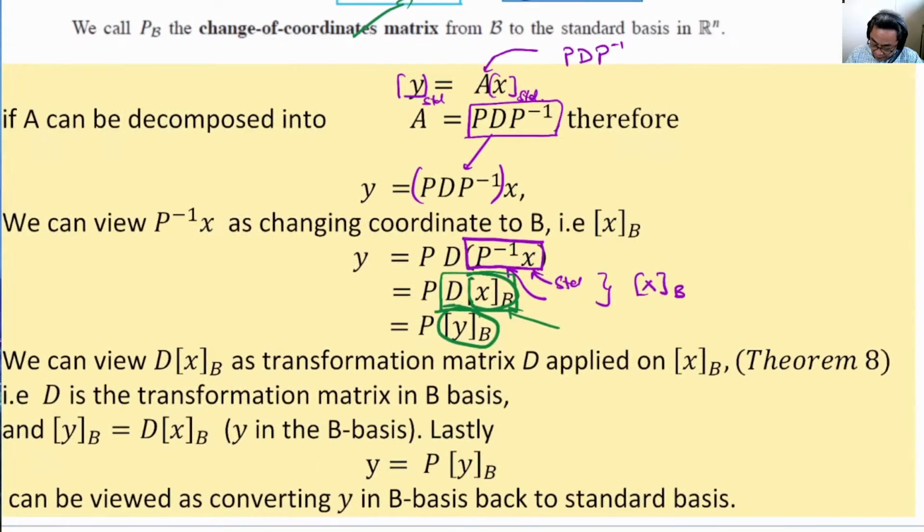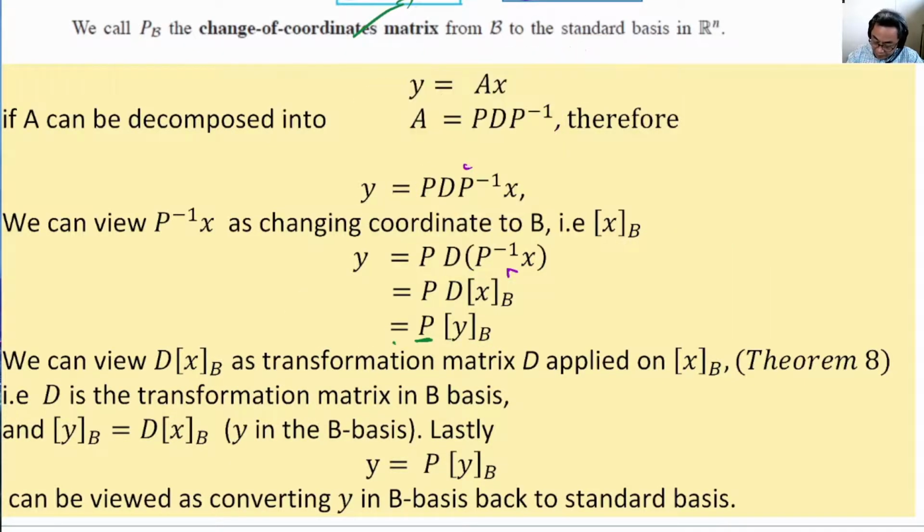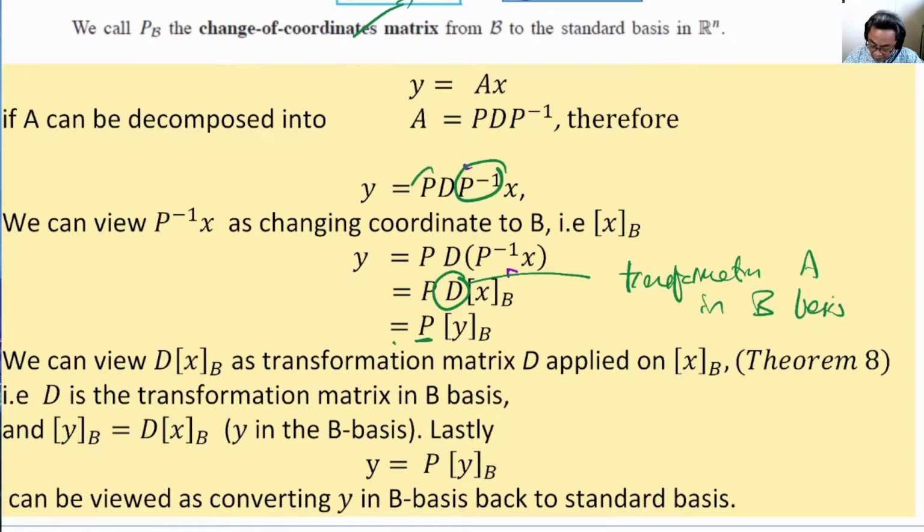This is what's happening in the last equation here, resulting in Y in the standard basis. Through this interpretation, we can see that D is the transformation A in the B basis. And this P minus 1 converts the standard basis X into the B basis. This P converts from the B basis back into the standard basis.